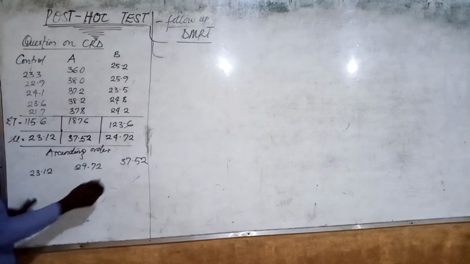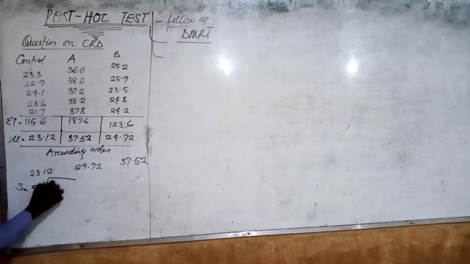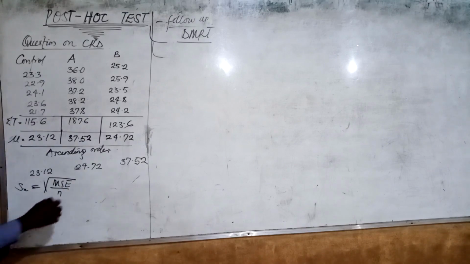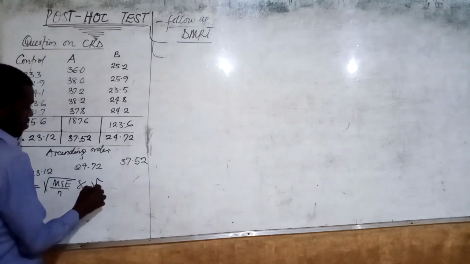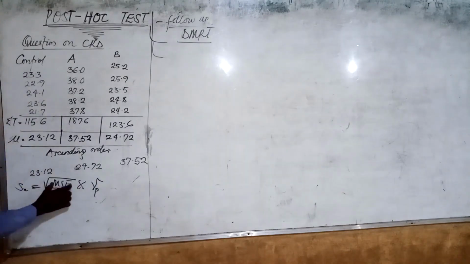And how do we compare the means? We are going to be calculating what is called the standard error. The standard error is given by the formula square root of MS error over N. After calculating this, you still multiply with the R sub P. So the standard error is the mean square error over the replicate.